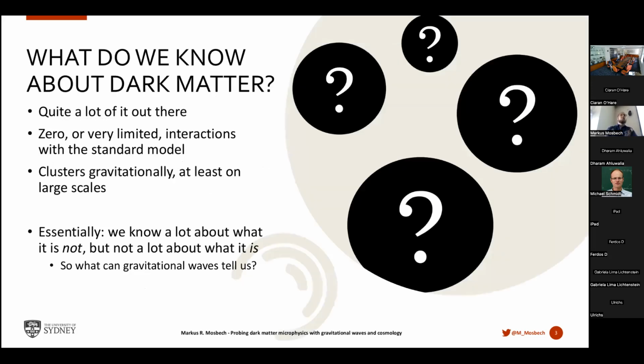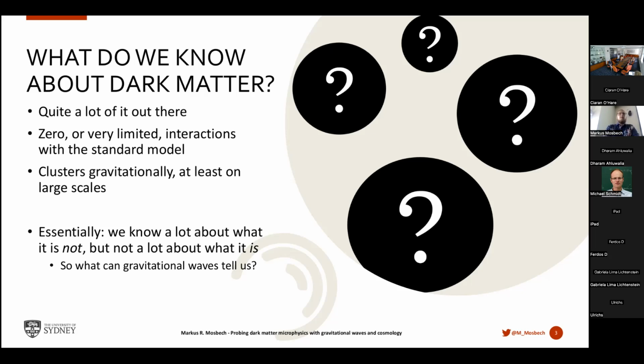So what do we actually know about dark matter? Not a whole lot, some might say, but we do know that there is quite a lot of it out there in the universe. We also know that it has either zero or very limited interactions with the standard model of particle physics, because otherwise we would have detected it in the various experiments we have made to detect it.